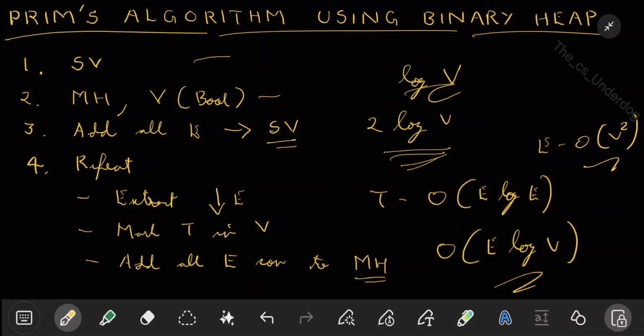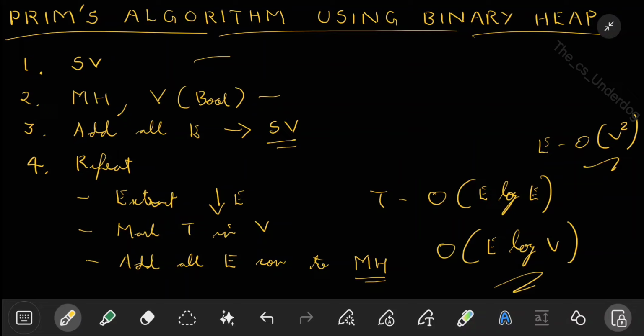So log e and log v are the same. See, e and v are not the same, those are different, but log e and log v are of the same order. So as far as time complexity is concerned, you can always write either log e or log v because both are of the same order.